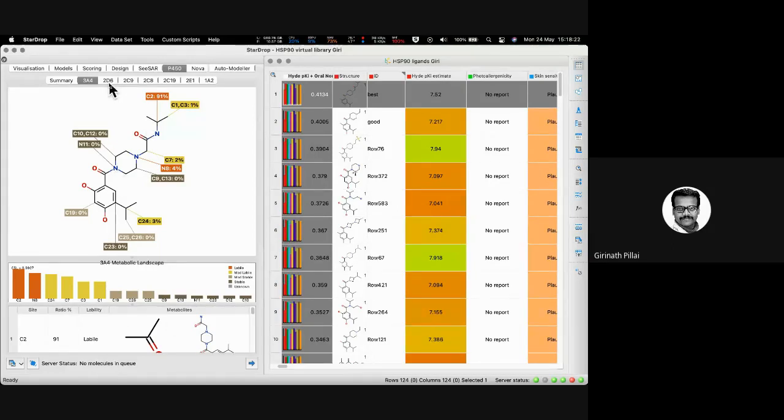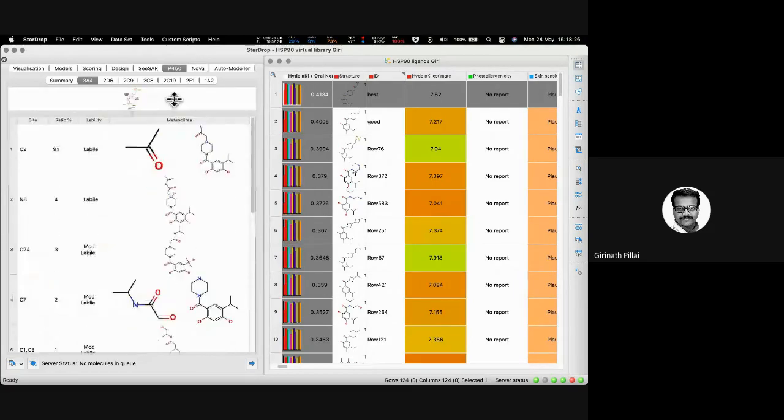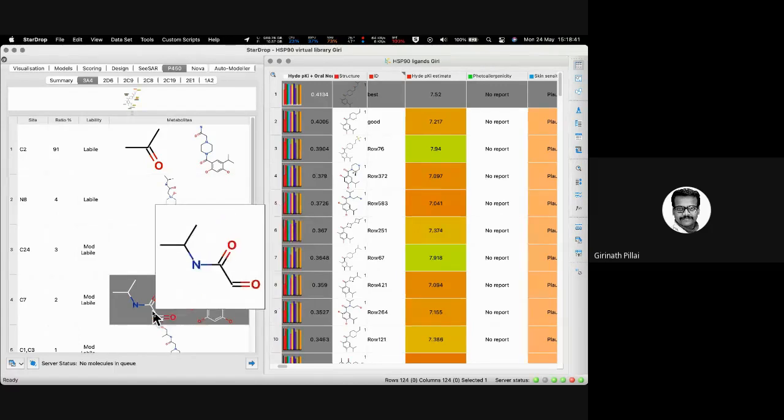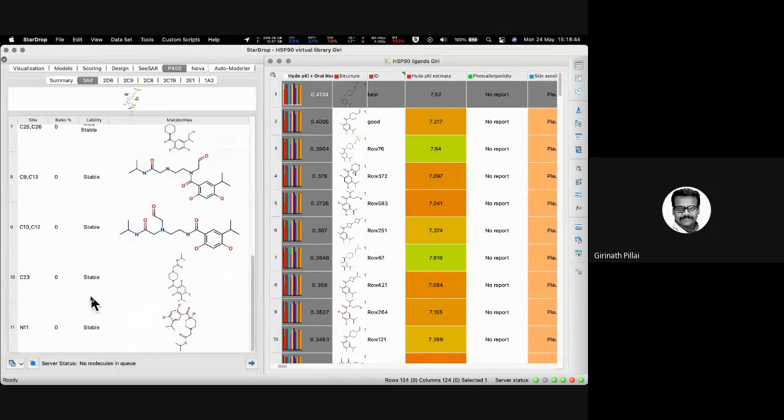Now, this carbon is something that is very unstable. So let us look at the other ratio. It is saying around 91% this breakage could happen and the metabolite could form. There is another one, carbon 7. You could see it is splitting the compound into two big pieces, metabolites, and they're moderately unstable.